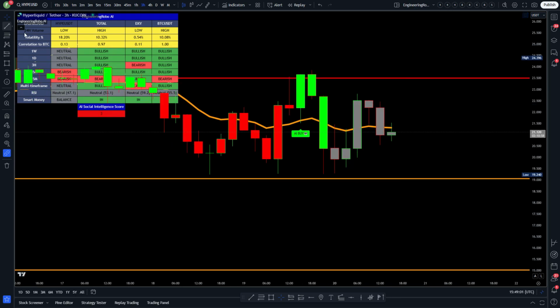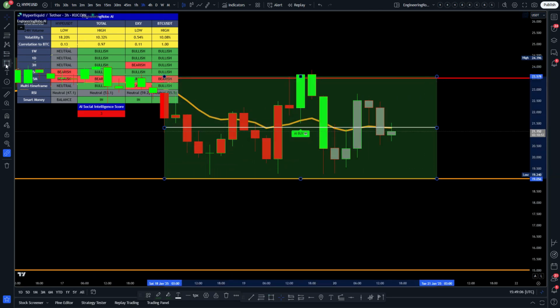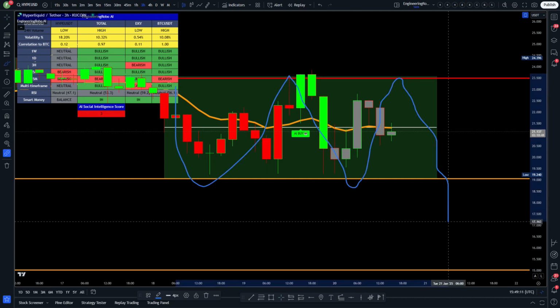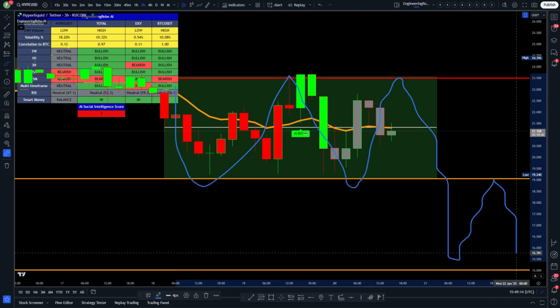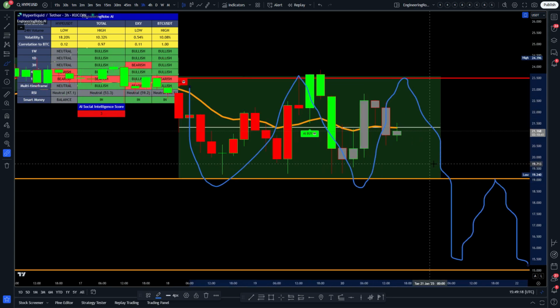Let me draw that so that you can see what it would look like. I will be looking for price to stay within this zone, break down here, retest, and then go short here. By that time, we would have an AI sell signal.